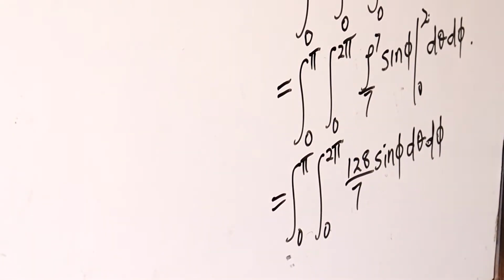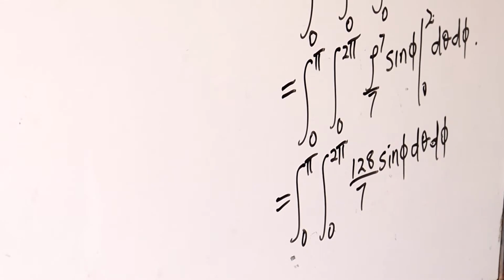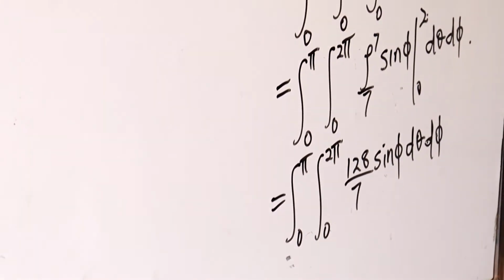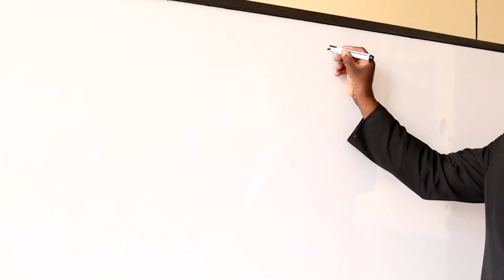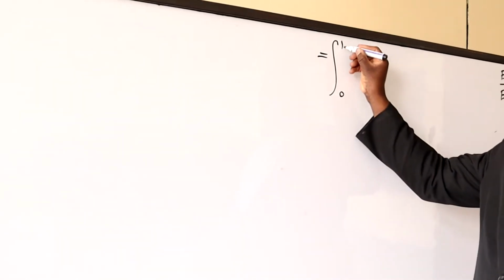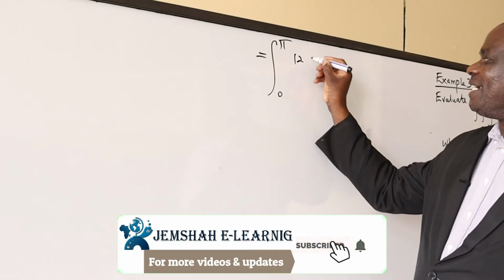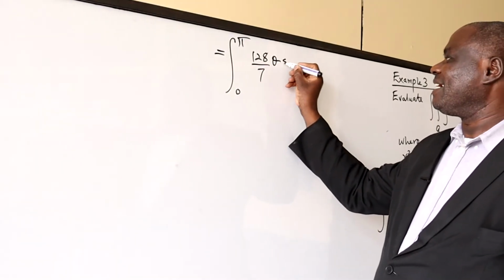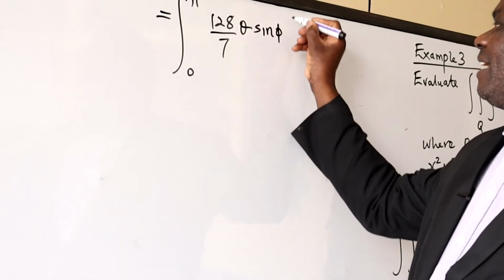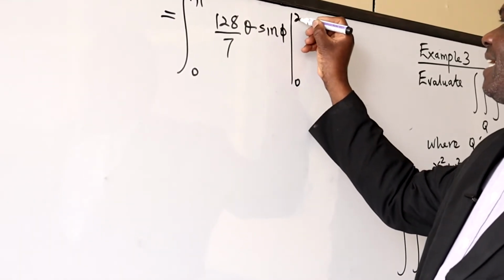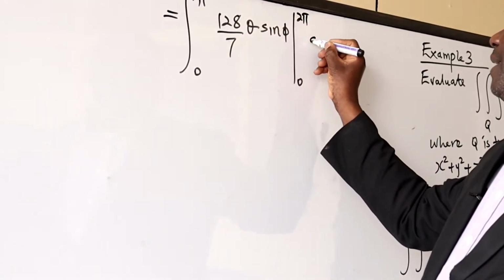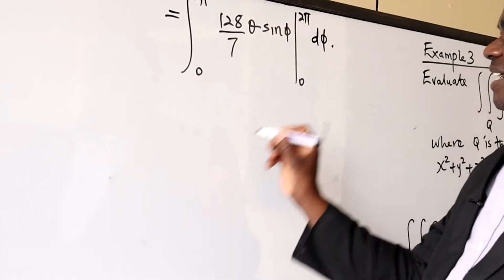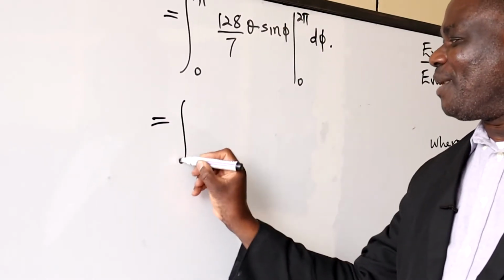Now, when we integrate this one further with respect to theta, we will have the integral from 0 to pi of 128 all over 7, theta, sine phi. And we put limits for theta. And then we remain here with the d phi, which is 0 to pi.